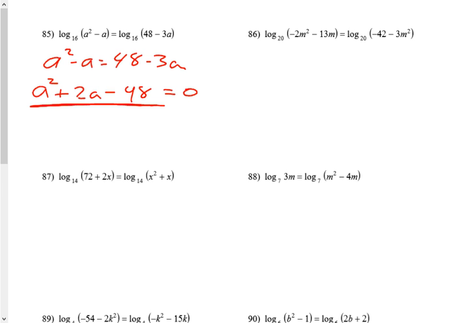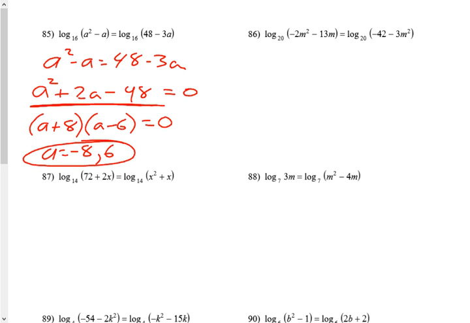So these can all be solved by factoring. And so in order to factor, I have to figure out two numbers of 48 that add up to 2, and 6 and 8 will do it. So there's my solutions.